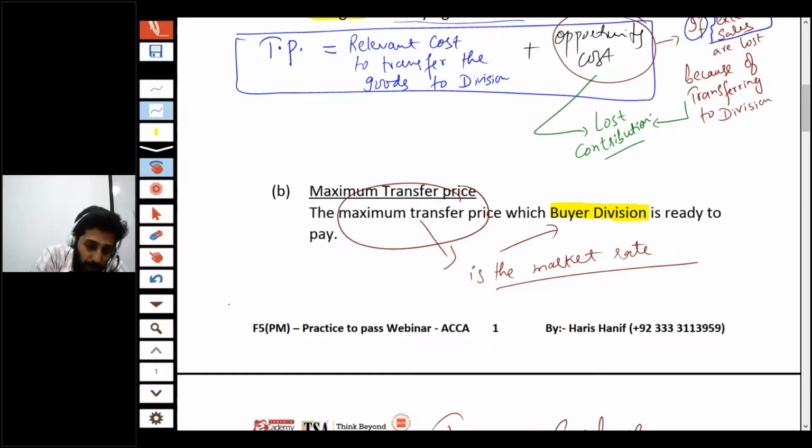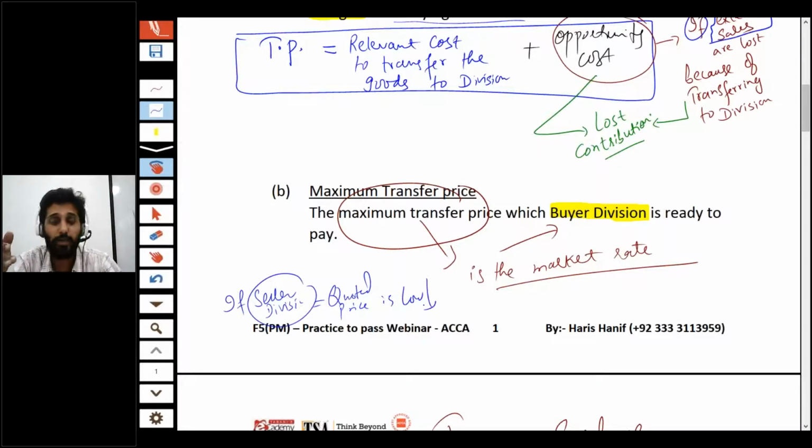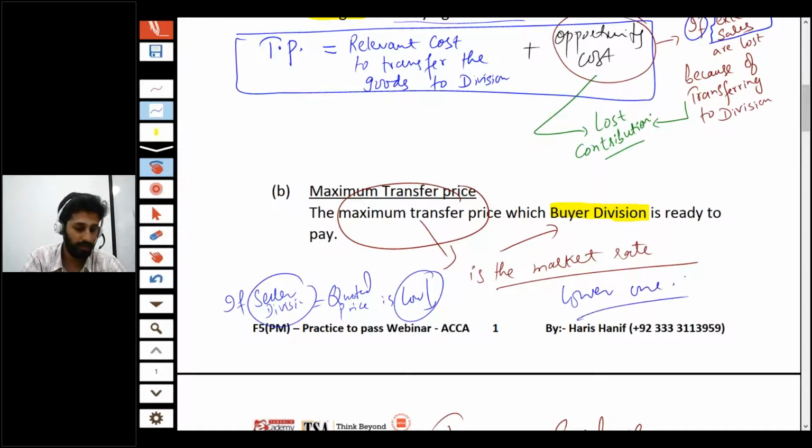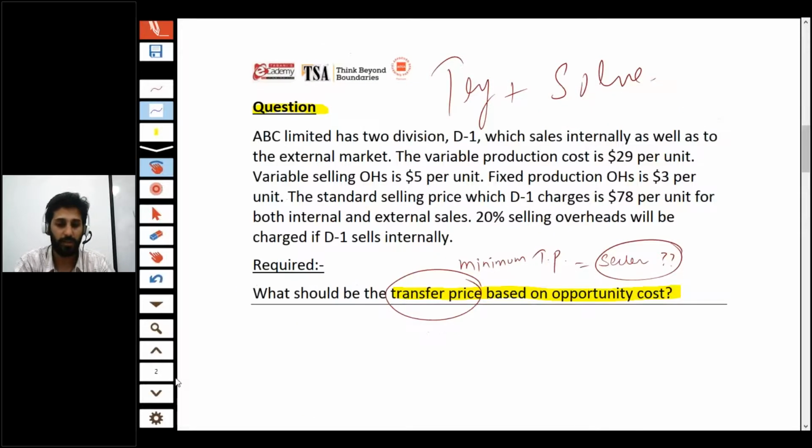And if the seller division's quoted price is low, I did not write it because it's decision making, it's rational thinking. So the lower one would be the maximum price. Now, please carry on with this question.